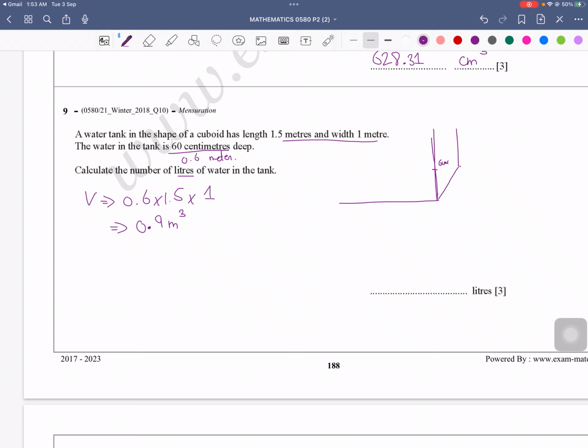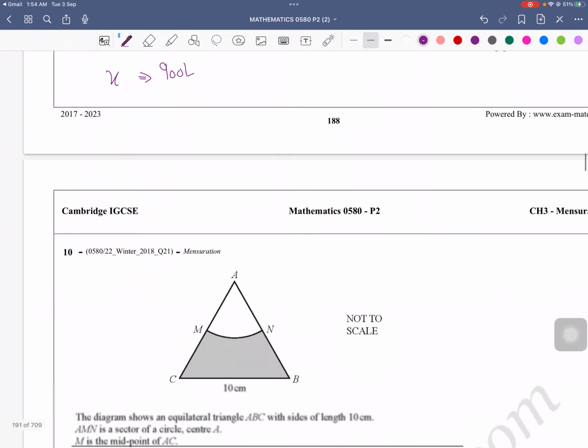Now I am going to do the conversion from meter to liter. 1 cubic meter is equal to 1000 liters, and I have 0.9, so they will be equal to x. Cross multiplication gives the unknown figure as 900 liters. So we have 900 liters of water in our tank.